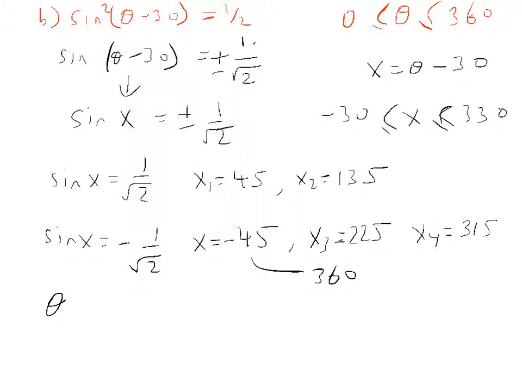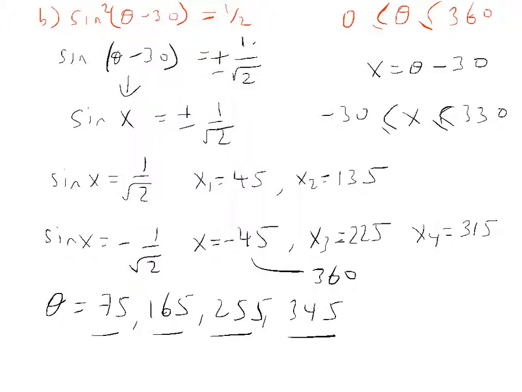We just need to add 30 to all our x's. So we should have 45 plus 30, 75, 135 plus 30, 165, and then 255, and 345. So those are our four values.